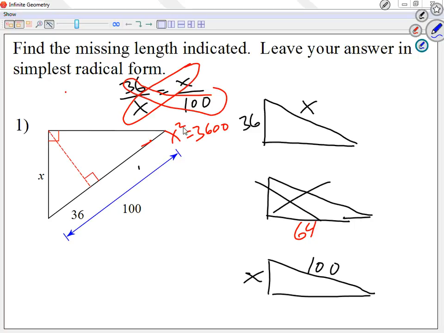That way I'm going to get rid of the squared. Let me get the square root from both sides. I know the square root of x squared is x. What's the square root of 3600? 60.